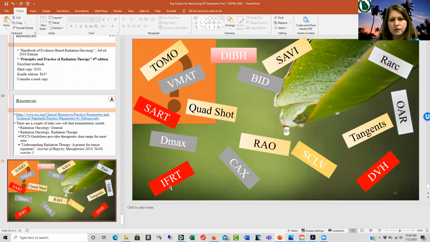All right, the next one is radiation completed on 7/29/19 through 10/9/19. Total dose 3,400.